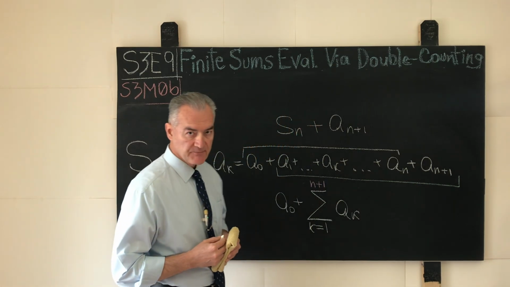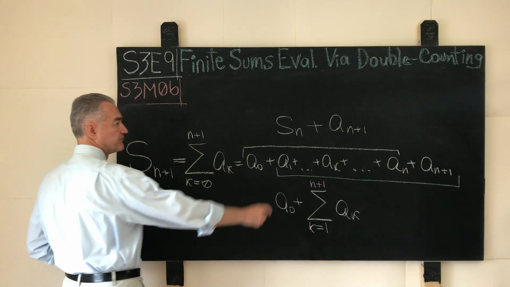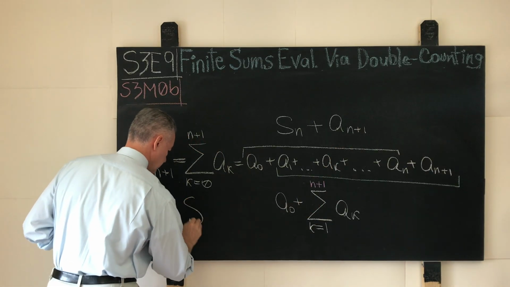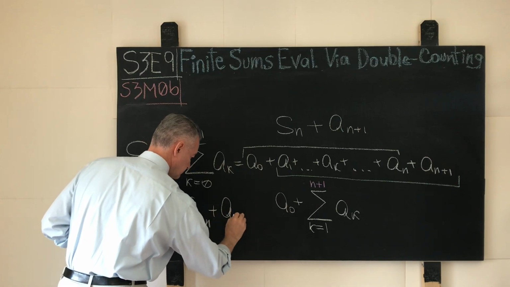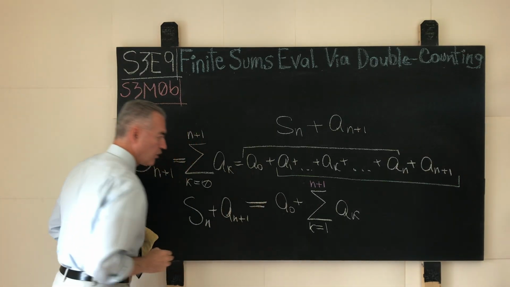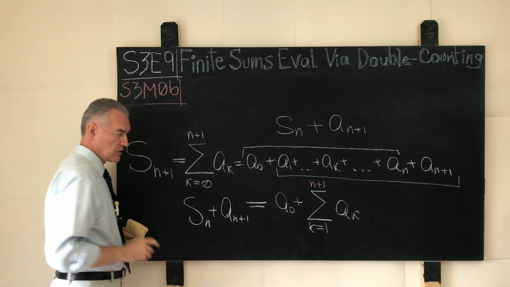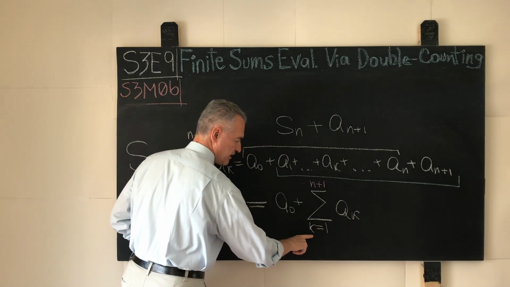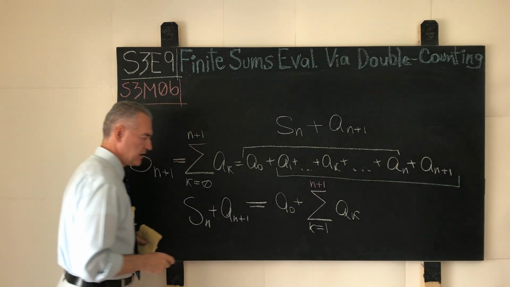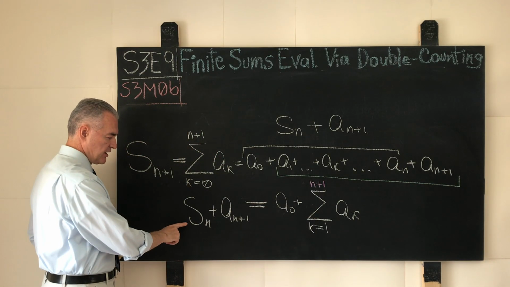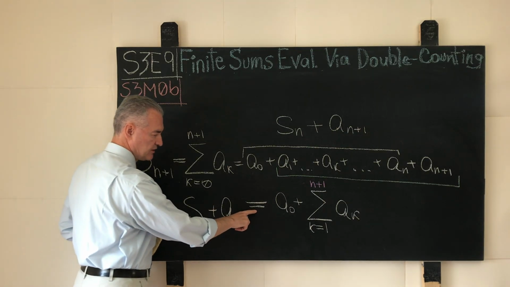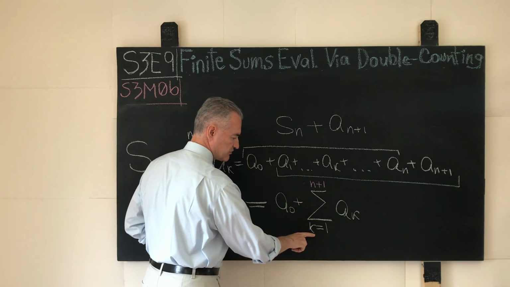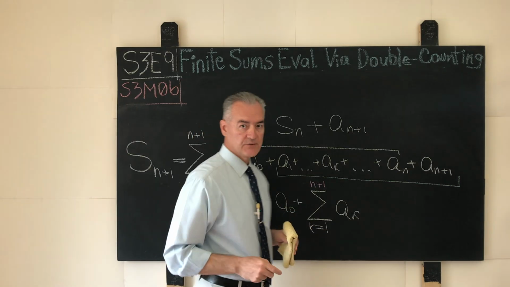As such, equate the result of the first counting story, S sub n plus a sub n plus 1, to the result of this second counting story, a sub 0 plus the sum of the terms a sub k, where the summation index k varies from 1 to n plus 1, and obtain an expression that reads S sub n plus a sub n plus 1 is equal to a sub 0 plus sum of the terms a sub k, where k varies from 1 to n plus 1.